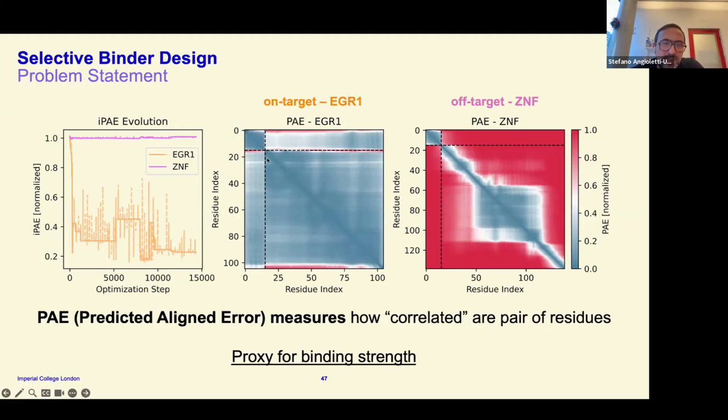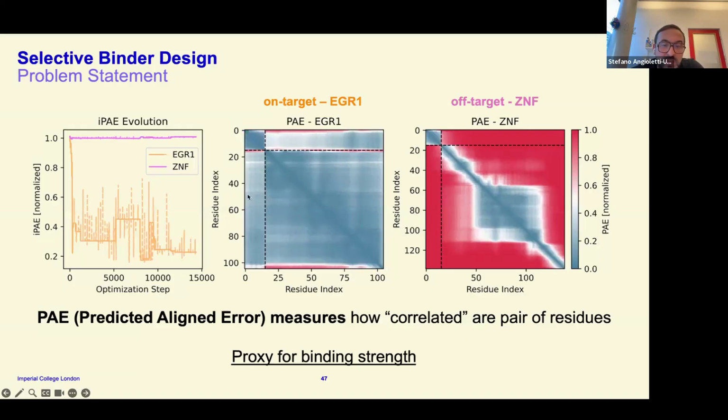And here you can see the so-called PAE matrix that gauges the interaction between the residues of your binder, which are the residues between 0 and about 20, and all the other residues, which correspond to your target protein.